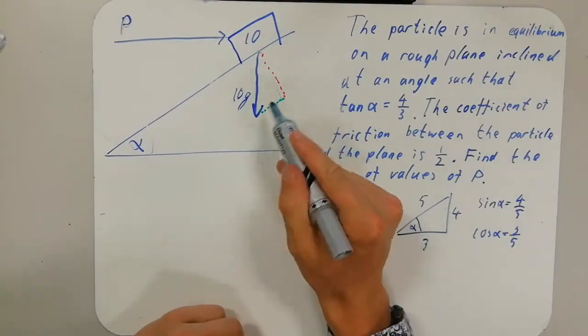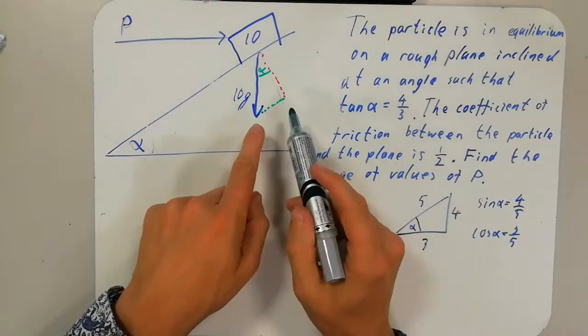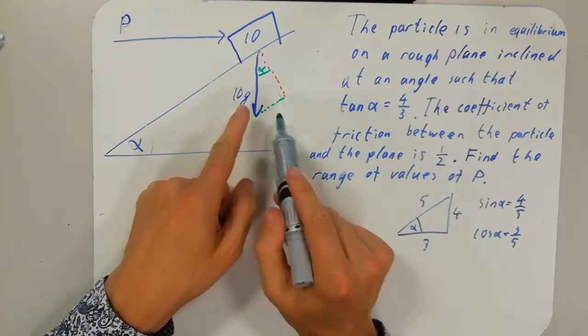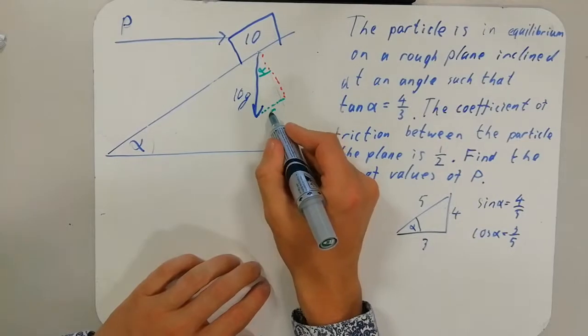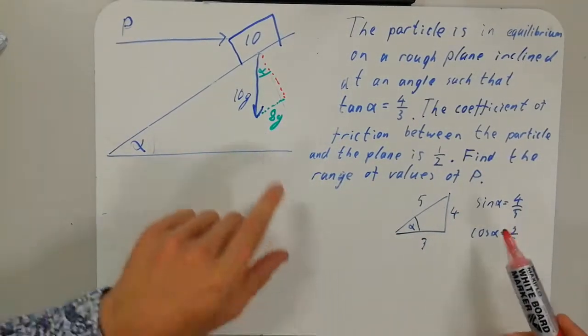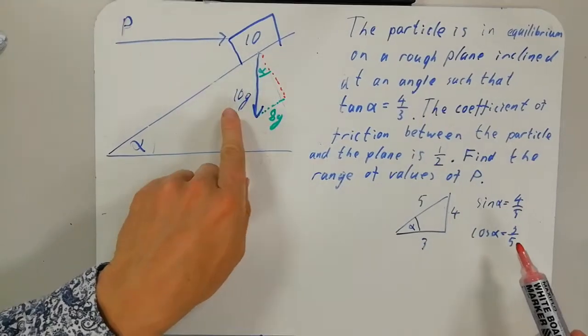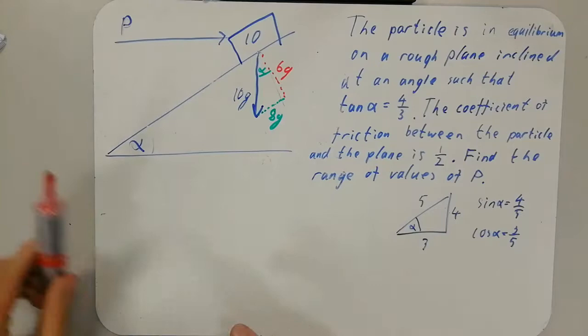My parallel component will be 10g sine alpha. 10g times 4/5 is 8g. Similarly, the perpendicular component will be 10g cos alpha, 6g.